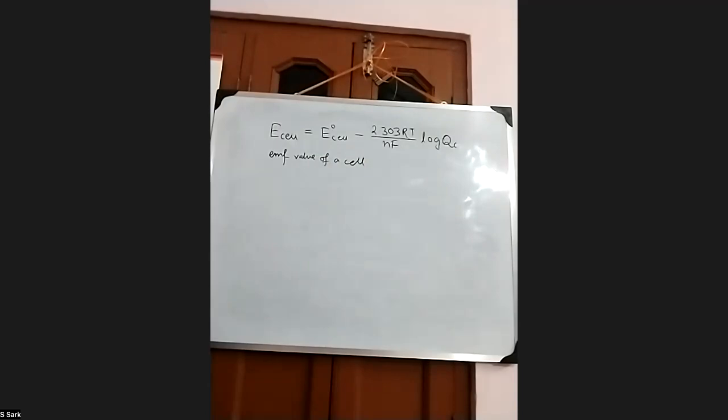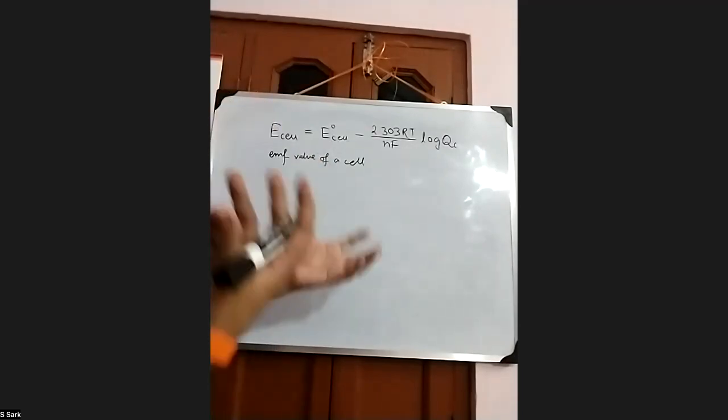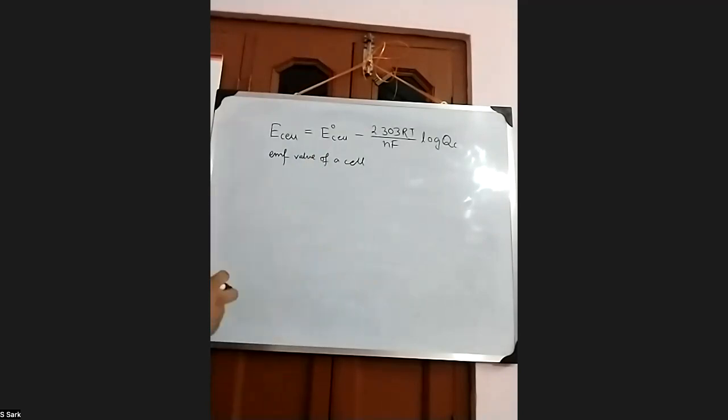We can get the actual idea to study an electrochemical cell, how it will react, how much will be the reactivity of the electrochemical cell, how much energy it will give, or how much energy it takes. So this can be known from the Nernst equation.